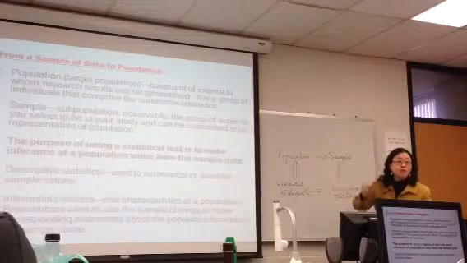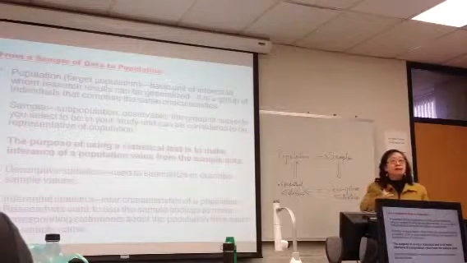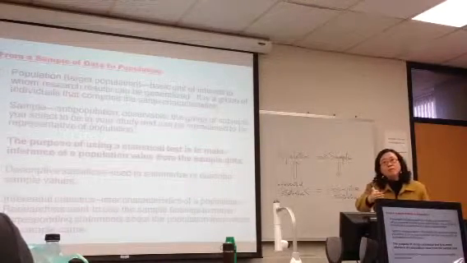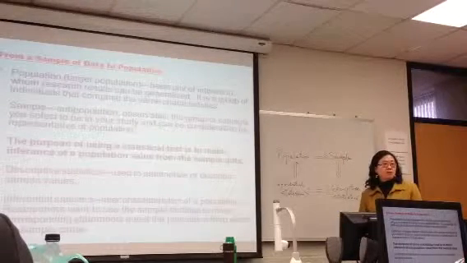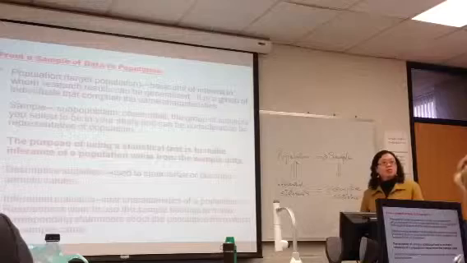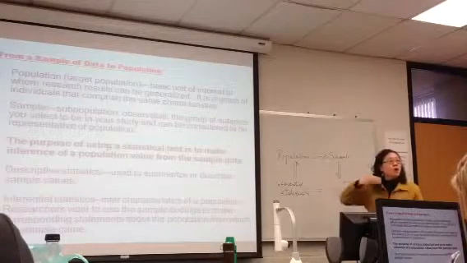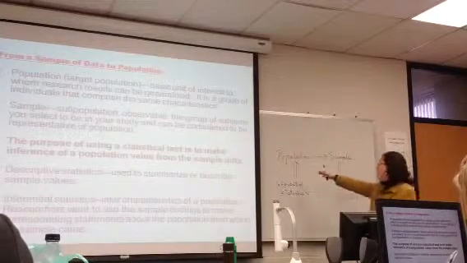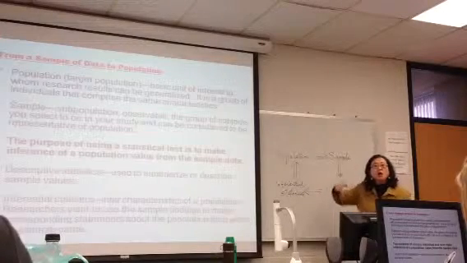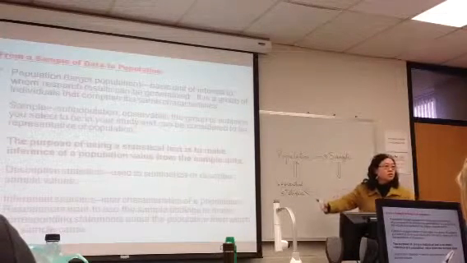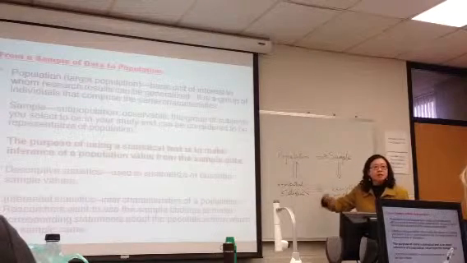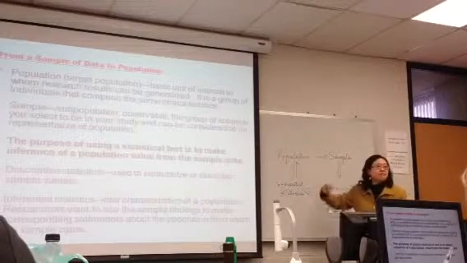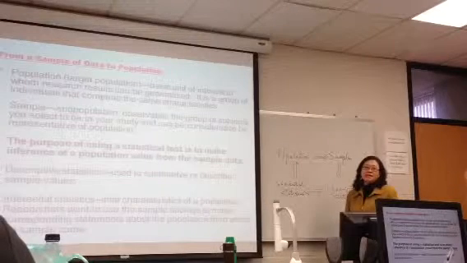So you draw a conclusion about your population because not everybody in the population is in your sample. Your goal is to draw a conclusion about the population. You want to know about 7th grade students, how they perform, but you cannot possibly include every single 7th grader in your study.